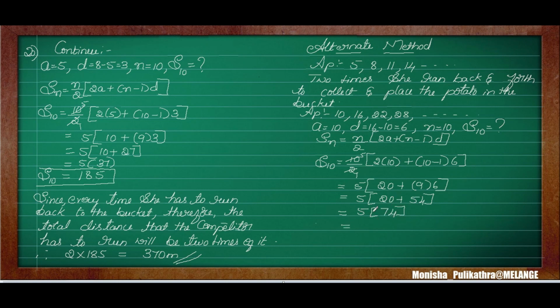So 5 fours are 20, 2 carry. 5 sevens are 35, 36 and 37. So we got the same answer, 370 meters, right? So the total distance is 370 meters. So either you can do it by this method or by that method. Okay, both are one and the same.